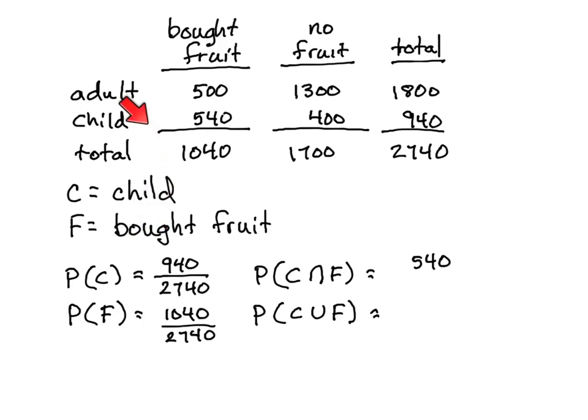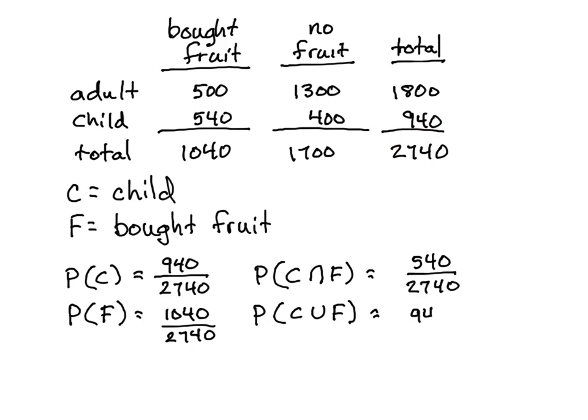Well, there were 940 children divided by the total set of purchasers, which was 2,740, so the probability of a randomly selected person here being a child would be 940 over 2,740. The probability that they bought fruit, we can see that 1,040 bought fruit over the total population of 2,740.